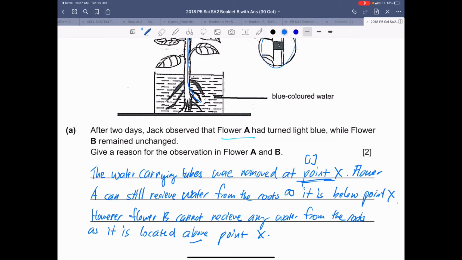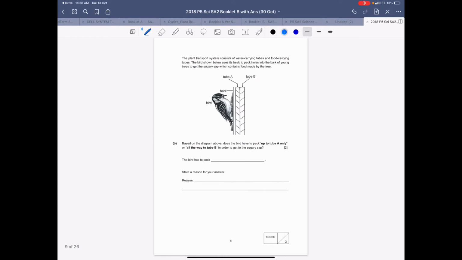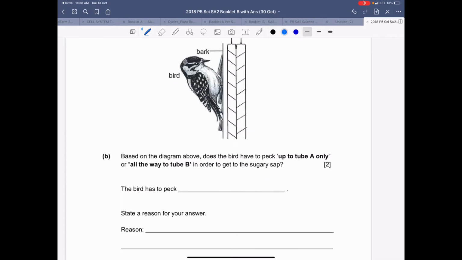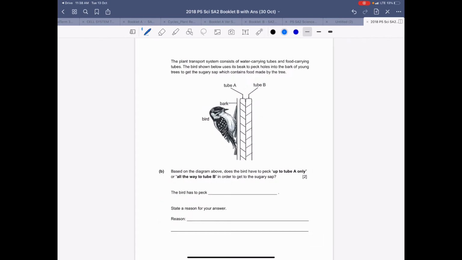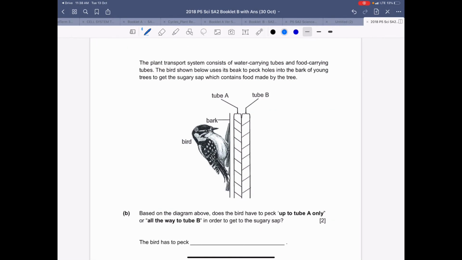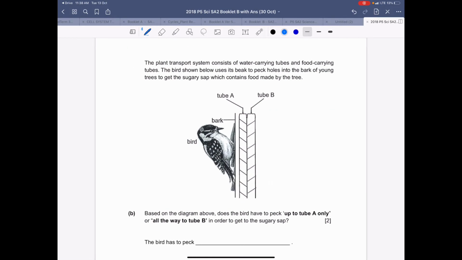Okay, moving on. Now, this question over here. Now, some of you I have not completed marking for this question.